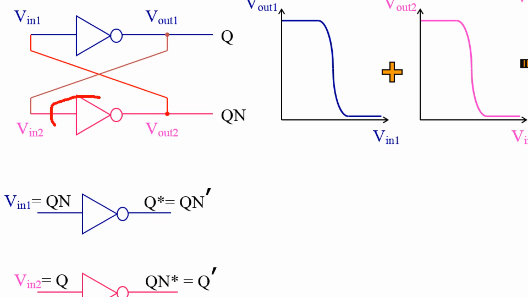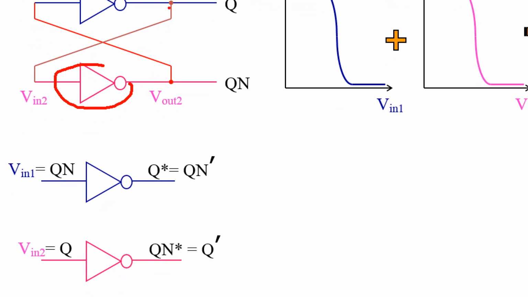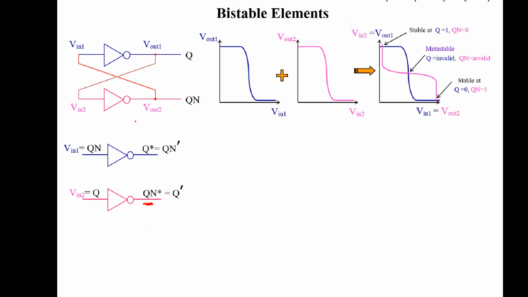The second one, the reverse inverter, gets the input from Q with inversion. The new value of Qn, I write Qn star. Qn star is the invert of Q. Because of digital signals, each variable can have two values, 0 or 1.